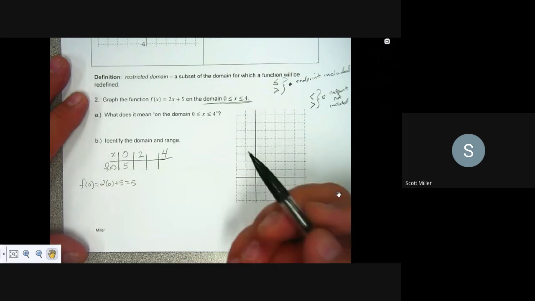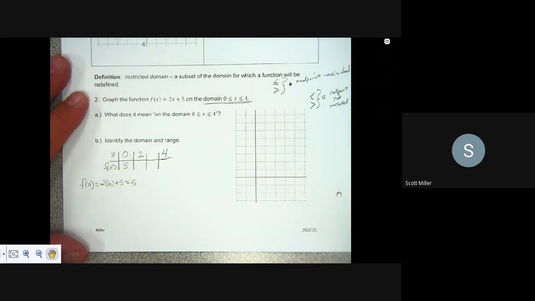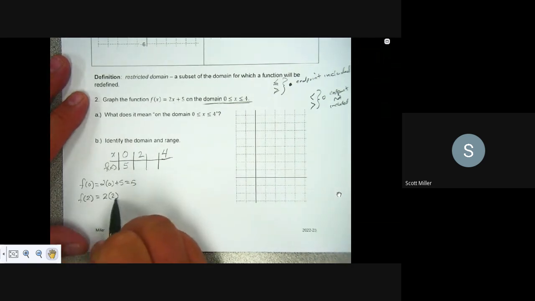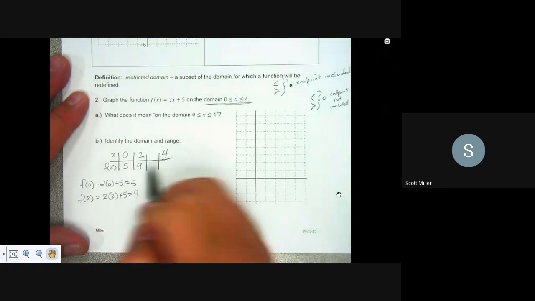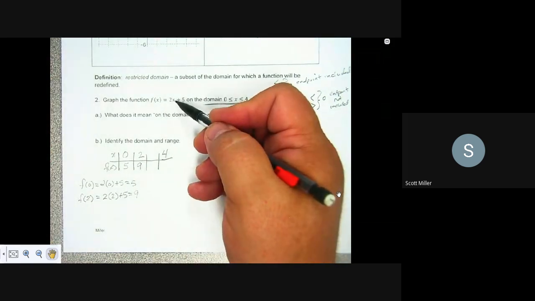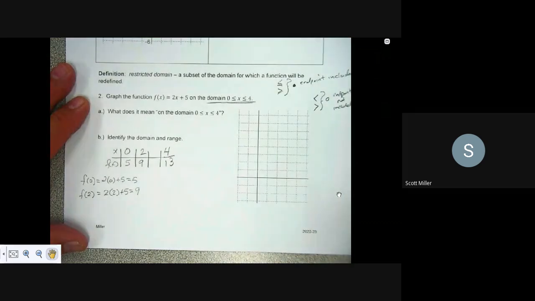If you have more complicated ones or other situations where you do need to write it out in proper notation, this is what it would look like. So 4 plus 5, 9. And if I plug in 4, 2 times 4 is 8. 8 plus 5 is 13. These are the 3 dots we're going to do.